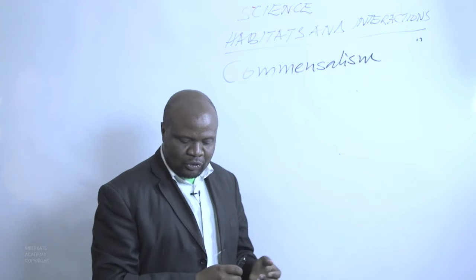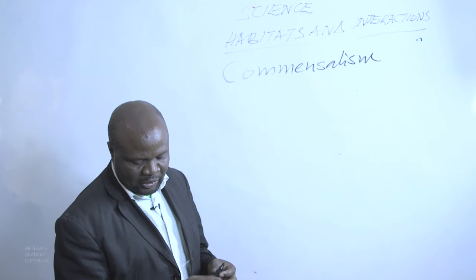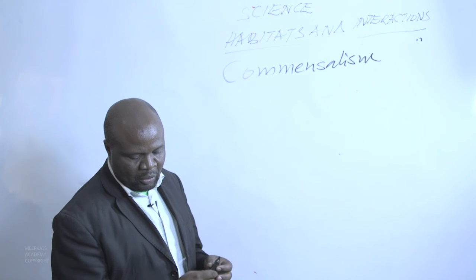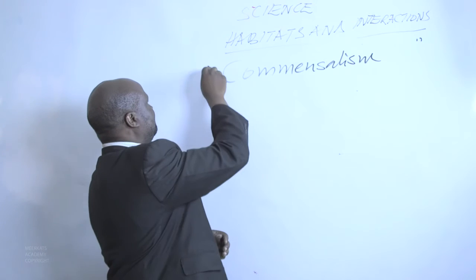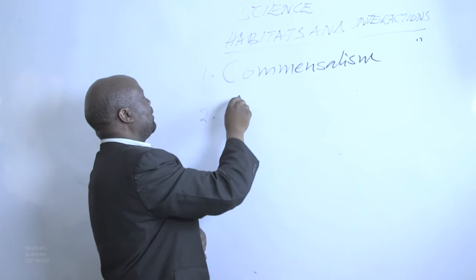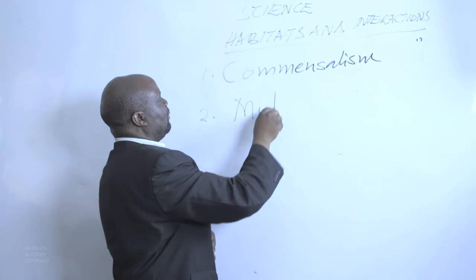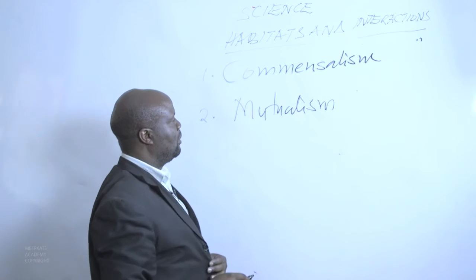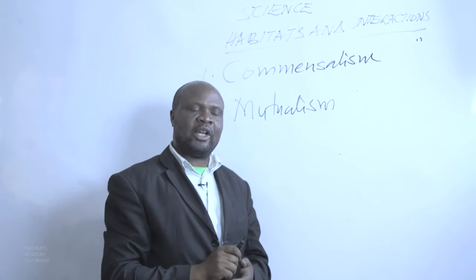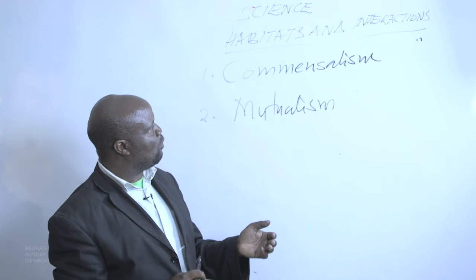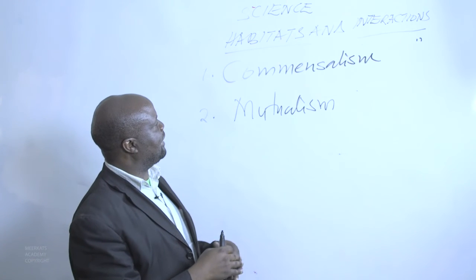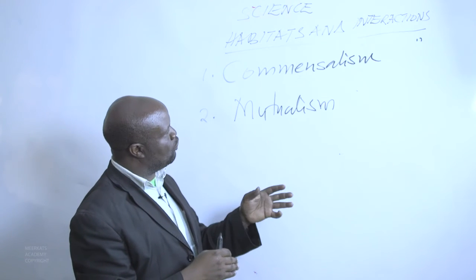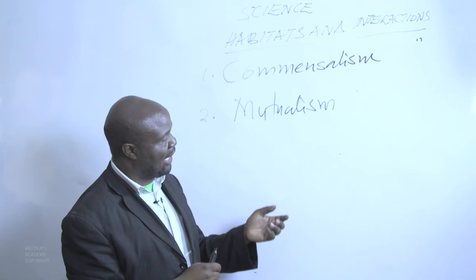We can go to the second kind of relationship, and we call it mutualism. When we are talking about mutualism, we want to know what kind of relationship exists between two organisms in a particular habitat.